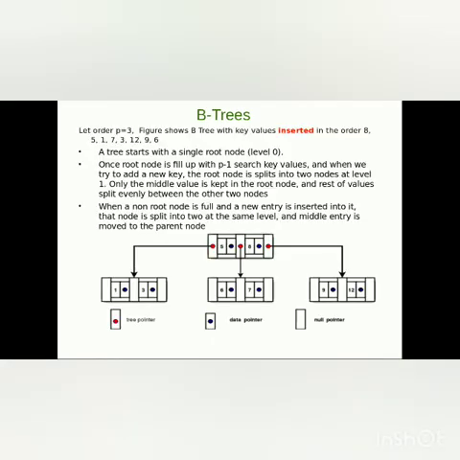Therefore, this is the structure of a B tree. Here in the root node we have a tree pointer as well as a data pointer. This is a data pointer, in the case of key value 5. For lookup, for example, we want to search for 7.